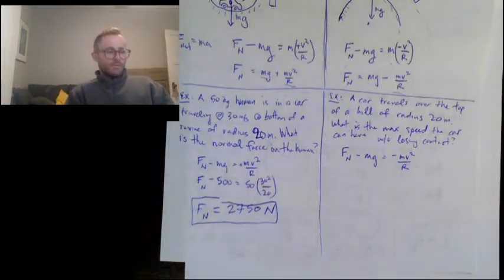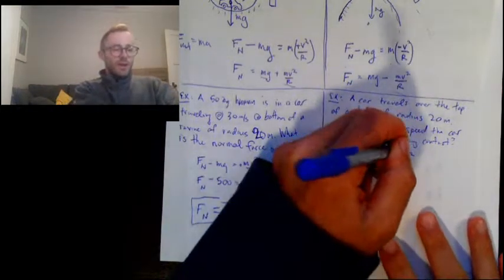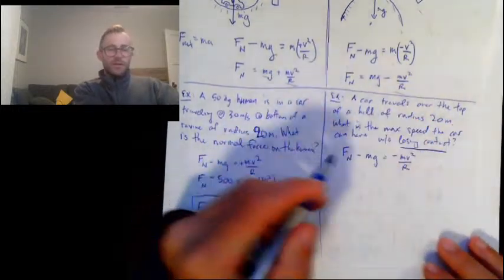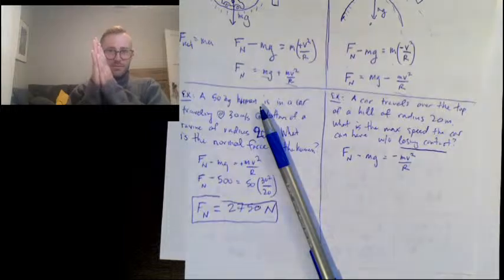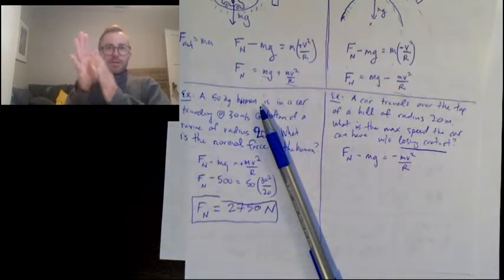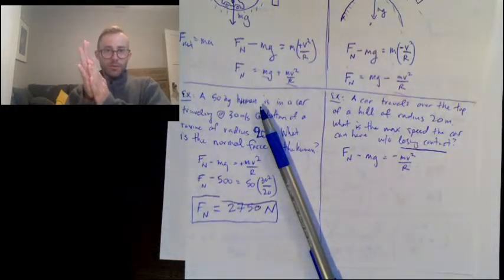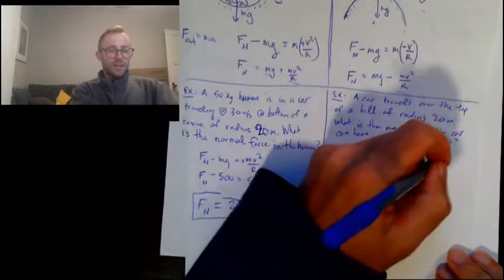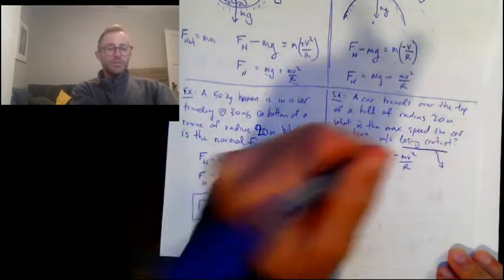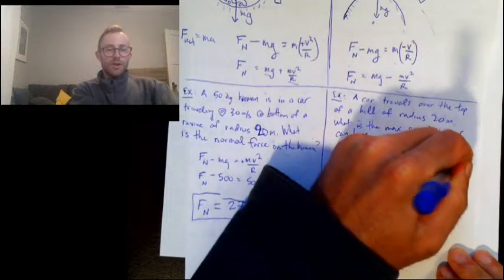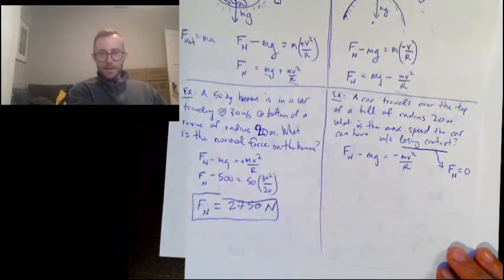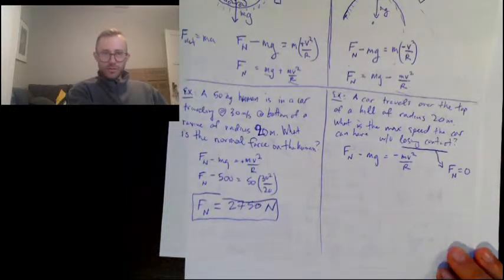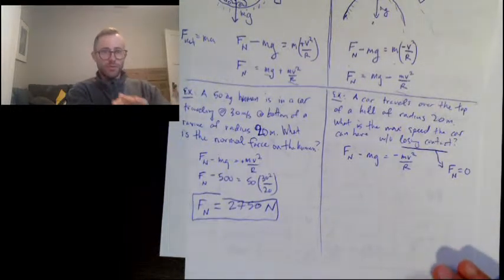Now here's the thing. Losing contact, you might recall that the normal force is the force of contact. So if you lose contact, you no longer have a normal force. This is a key thing that you need to know: losing contact is code for the normal force becoming 0.